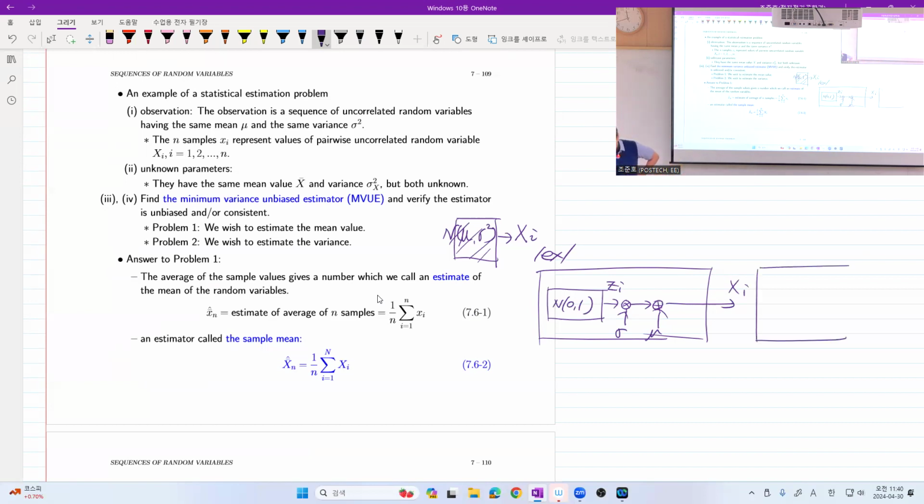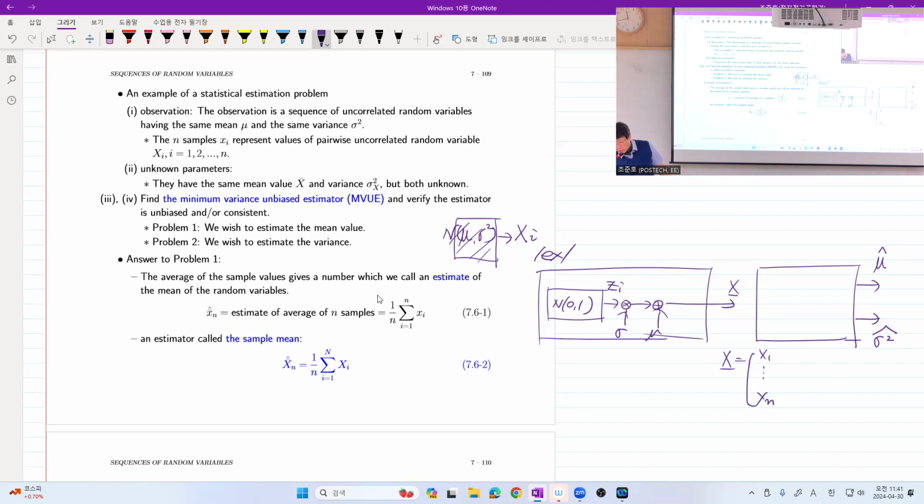Suppose you have a sequence of length n, and you want to generate an estimate of mu and an estimate of sigma square, sigma square hat.